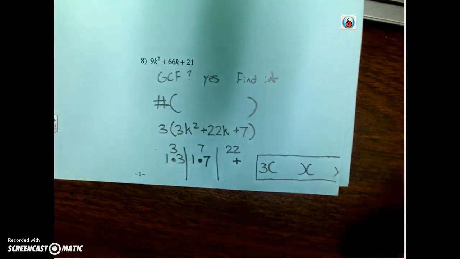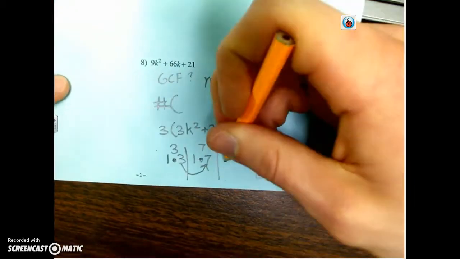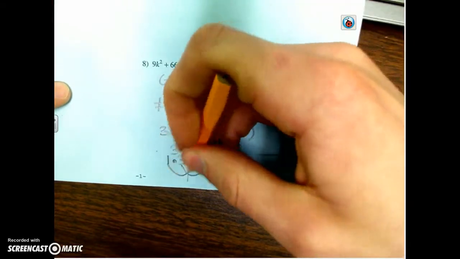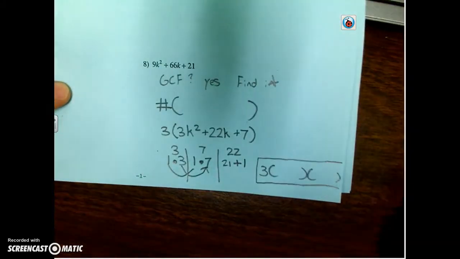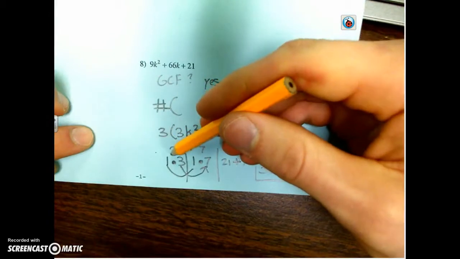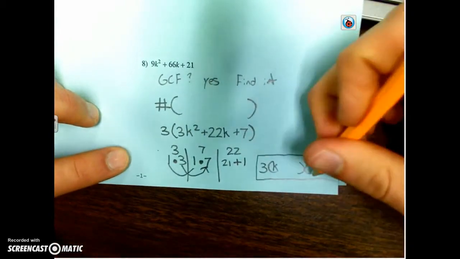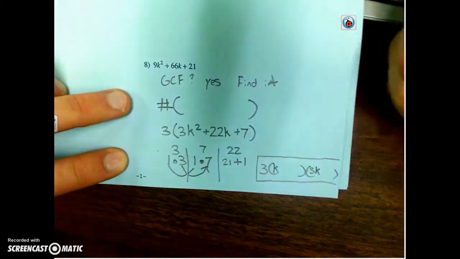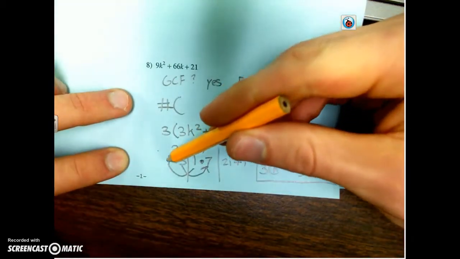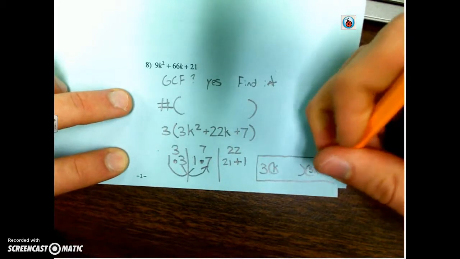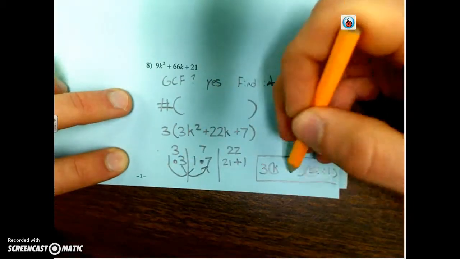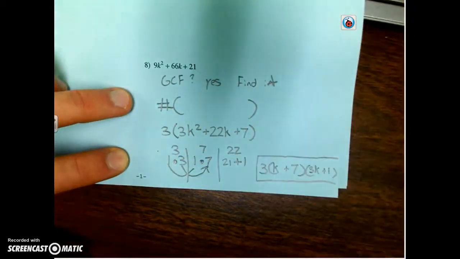This one's not too tough either, because the 3 times the 7 gives me a 21. 1 times the 1 gives me a 1 here. So I know I need a 1k and a 3k. And then this 1 needs to be opposite of this 1. This 3 needs to be opposite of this 7. So there would be our answer.